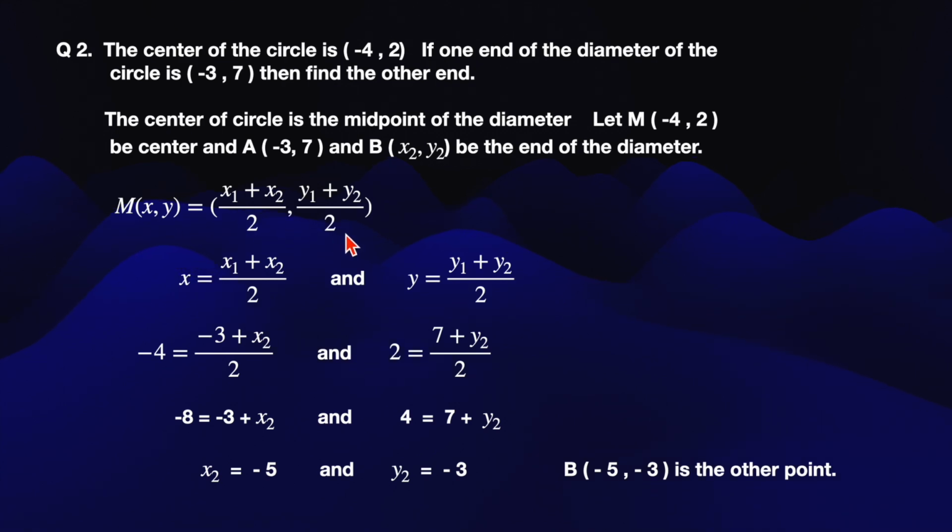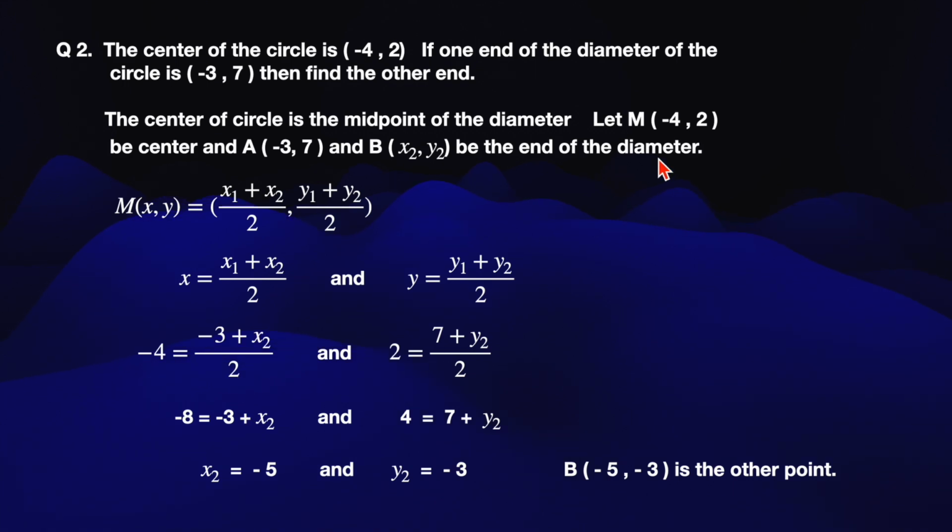Just write down the formula first. Here we know the value of x, and we have to find the value of x2. What is the value of x? Minus 4. Put minus 4 here. x1 is minus 3. x2, leave it as it is. Write down upon 2.